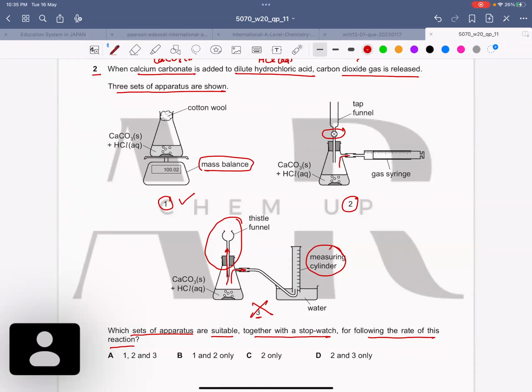All the gas would go into the gas syringe, and we are able to record the volume in the gas syringe at equal intervals to measure the rate. So the second would also be correct. On the basis of that, our options A, C, and D go wrong, and the correct answer is B.